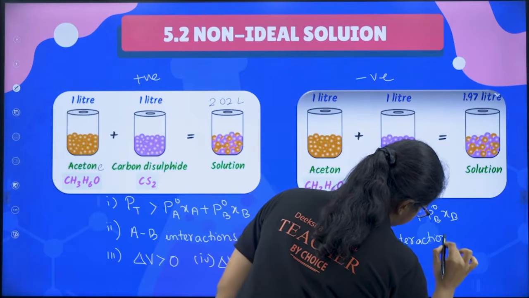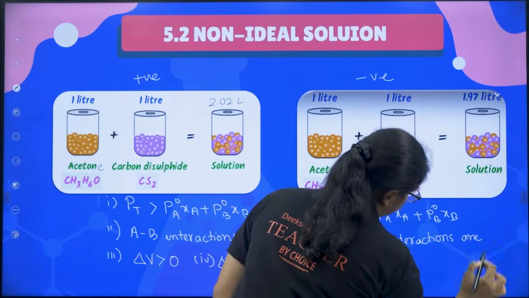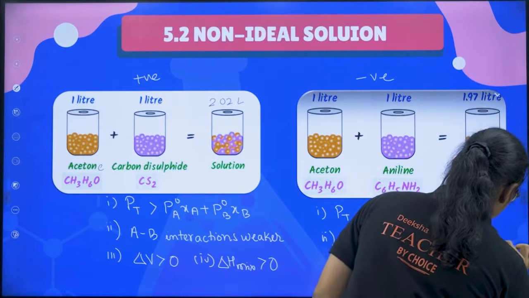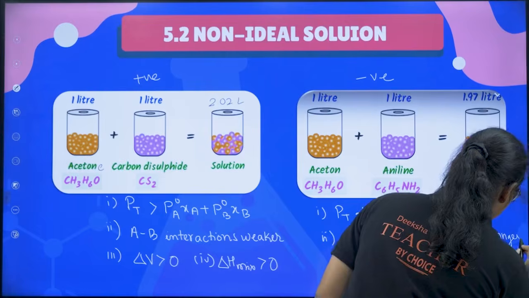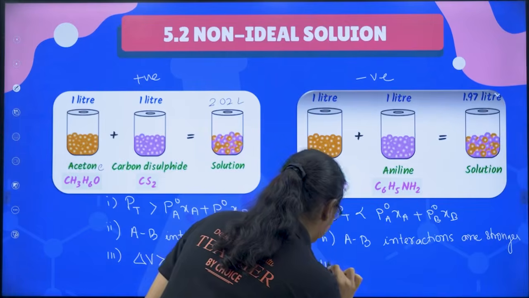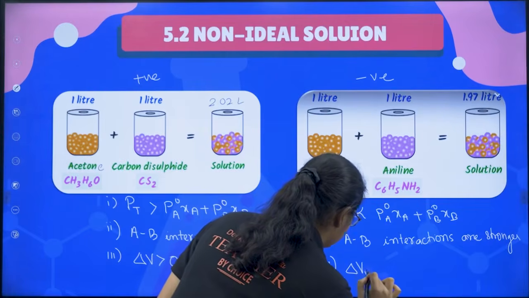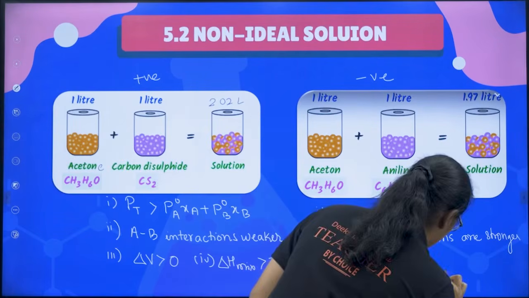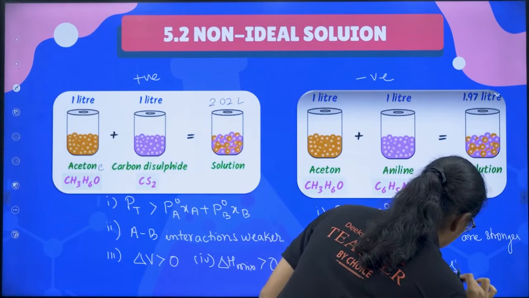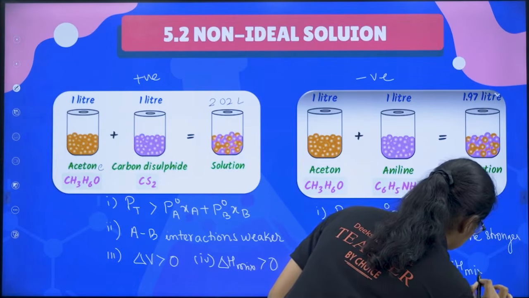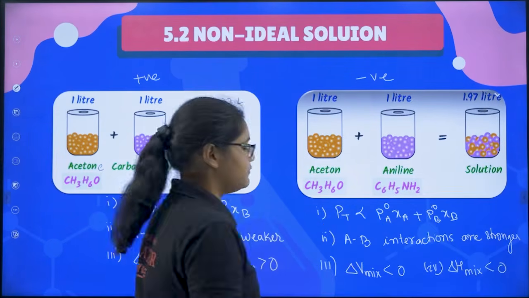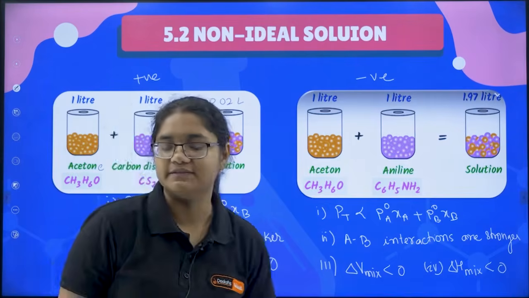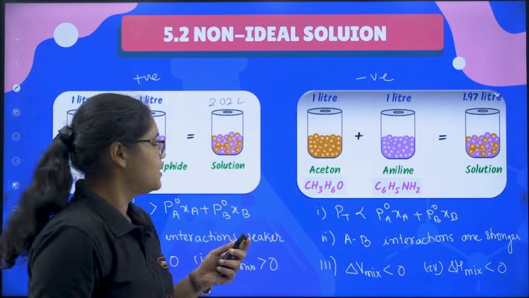Next, delta V mix is less than 0, negative, and delta H mix is less than 0. So V mix is less than 0 and H mix is less than 0.